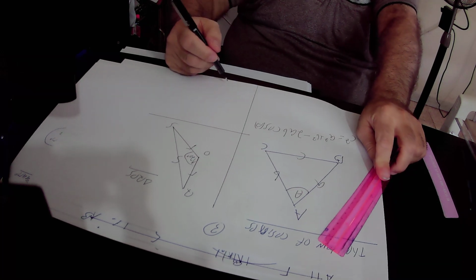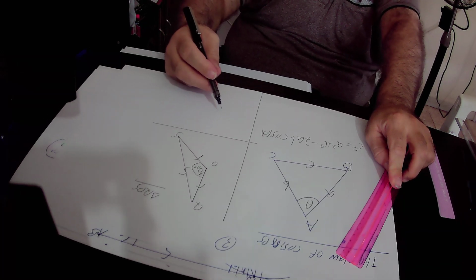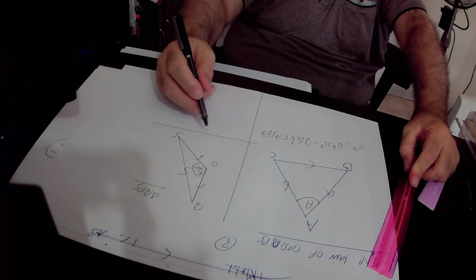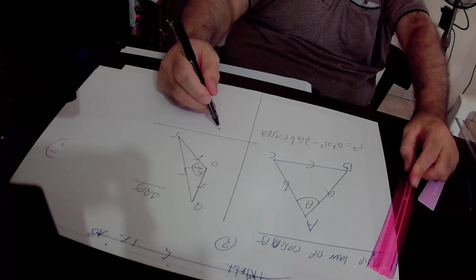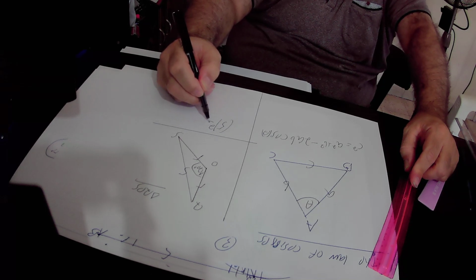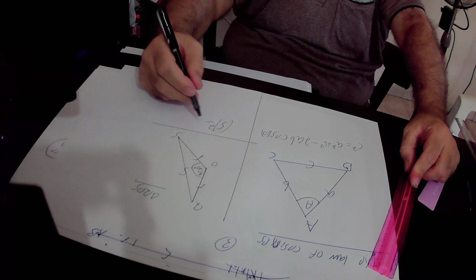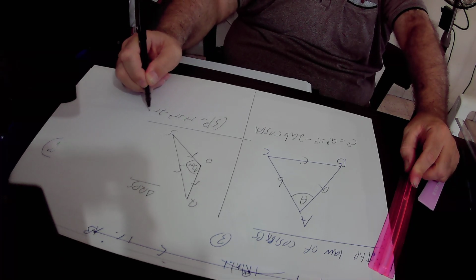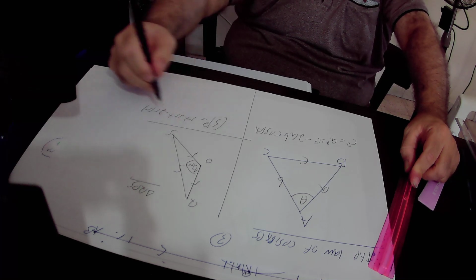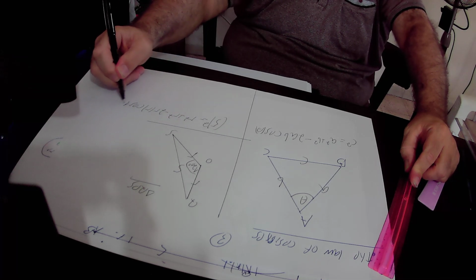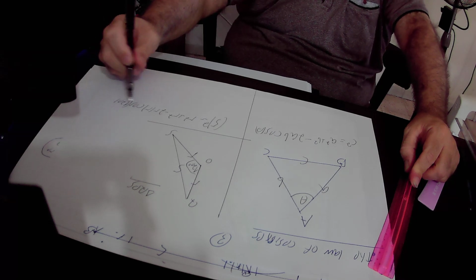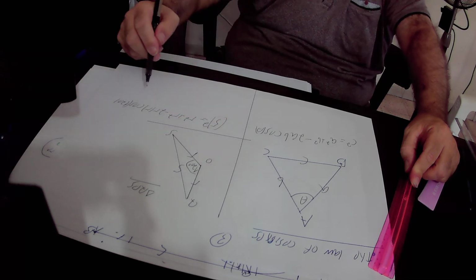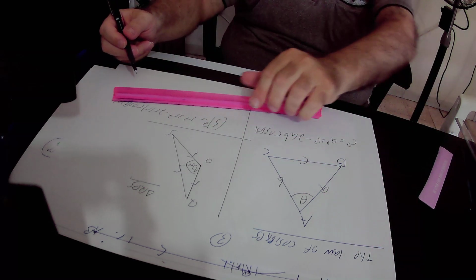According to the law of cosines, if we implement it into triangle QOS, we get that 5 squared equals R squared plus R squared minus 2 times R times R times cosine 120 degrees.